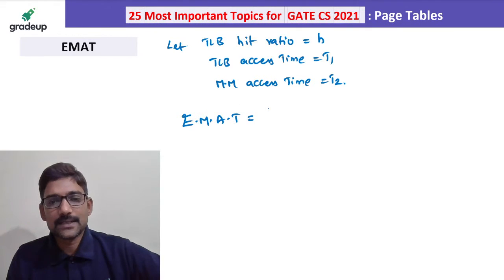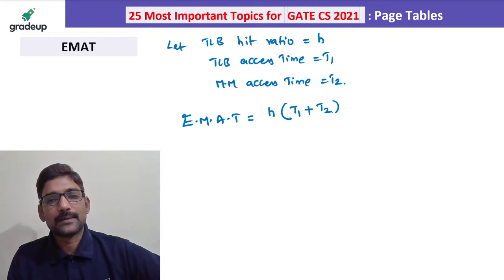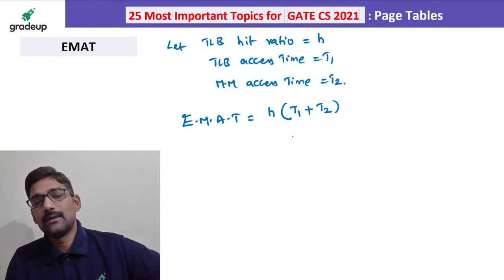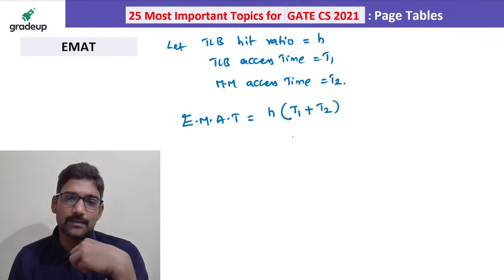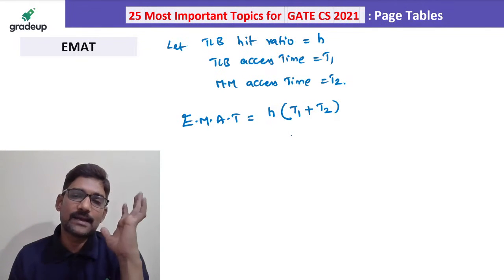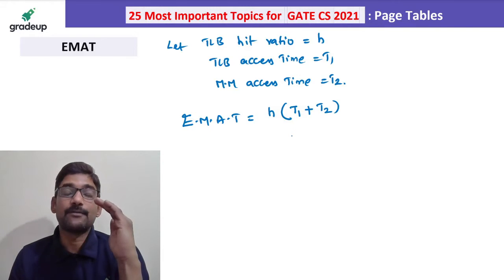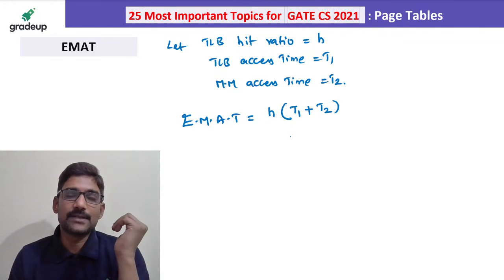How many hits are there? On a hit, we will access TLB one time and main memory one time. Why main memory? From TLB you will get the frame number, and directly you will be accessing the page, if that page information is in TLB.